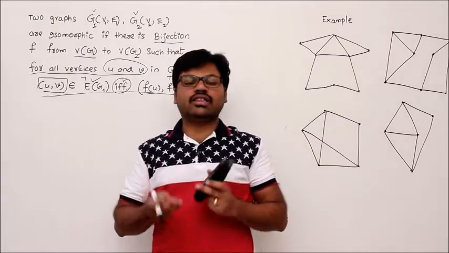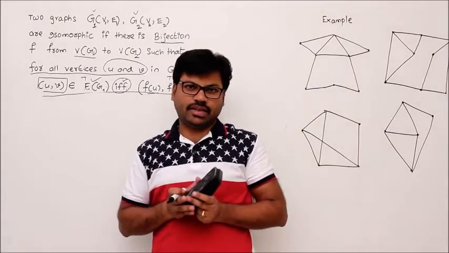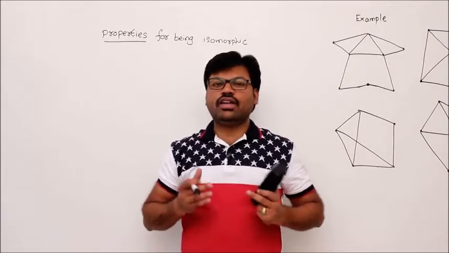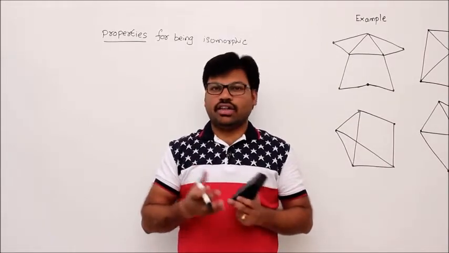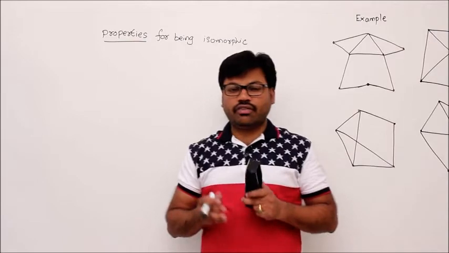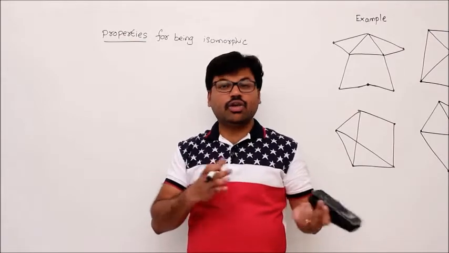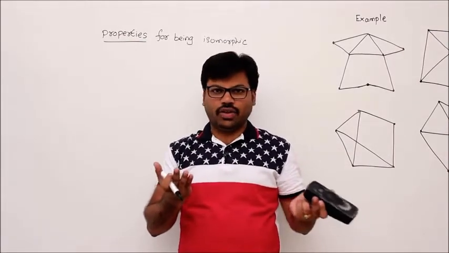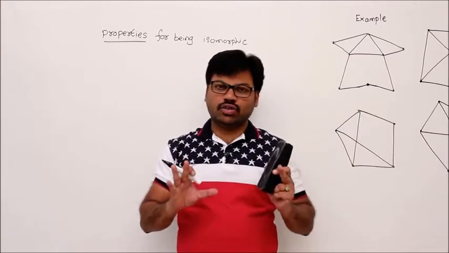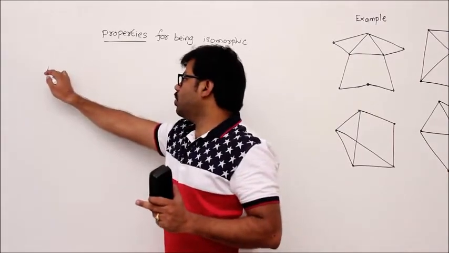For that, there are some important properties. I will explain them. So we'll now see the properties for two graphs to be isomorphic. We know that if the number of vertices doesn't match, then how can you show the one-to-one correspondence? No, right? That's why the number of vertices should be the same. Let me list out all possibilities.